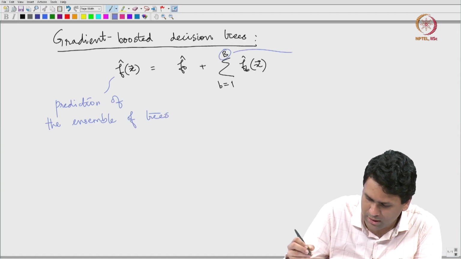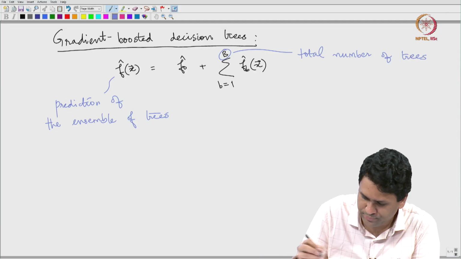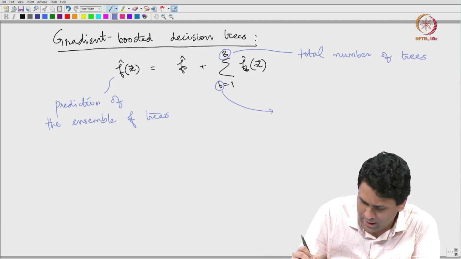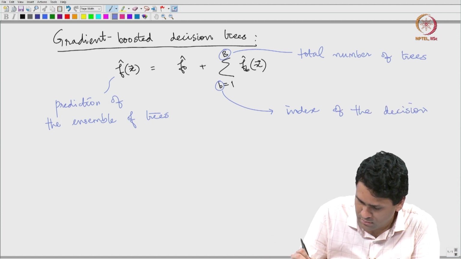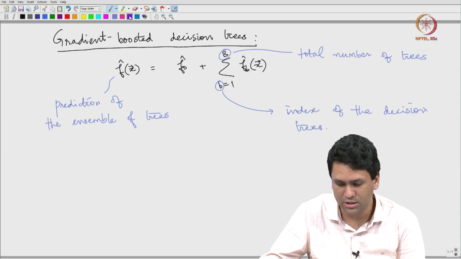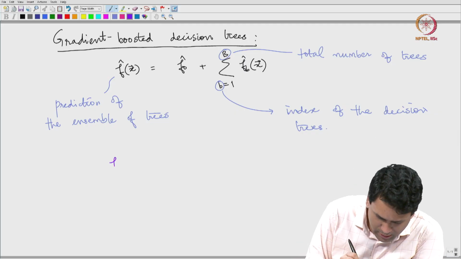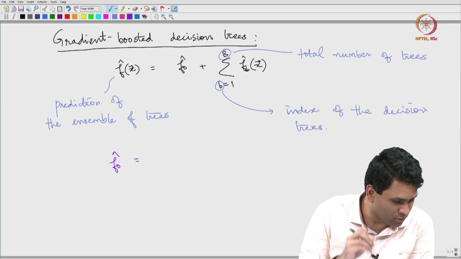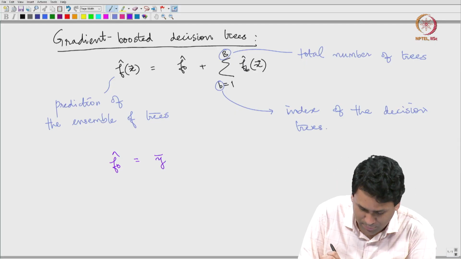And capital B is the total number of trees. Small b on the other hand is the index of the decision trees, so that runs from small b equals 1, 2, 3 all the way up to capital B. We proved in the last lecture that this constant value is essentially the mean value of the samples in the data set.